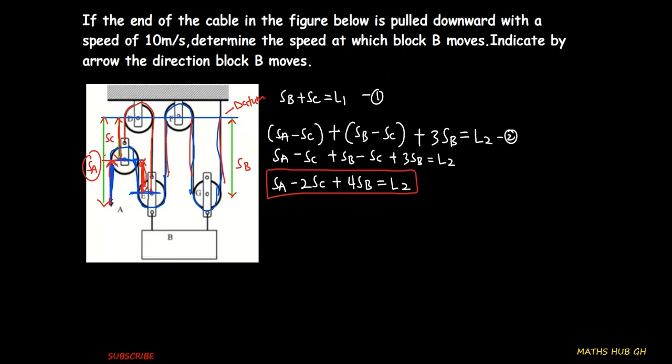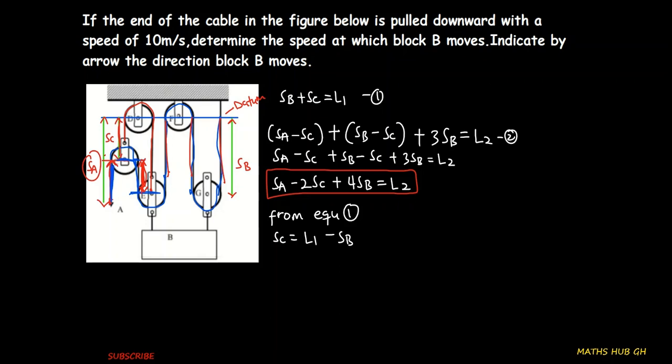So now what you do is substitute equation 1 into equation 2 by making SC the subject. From equation 1, we can have SC to be equal to L1 minus SB.